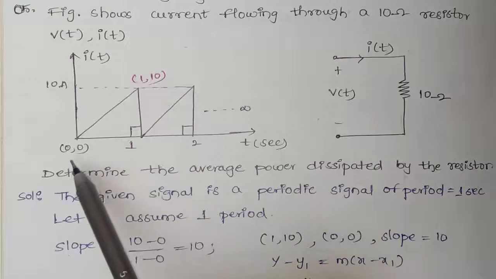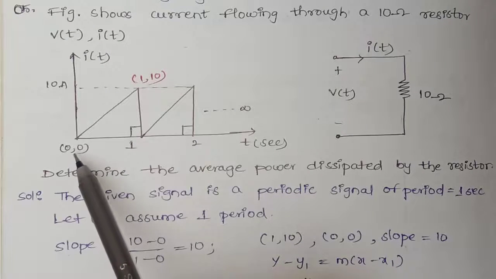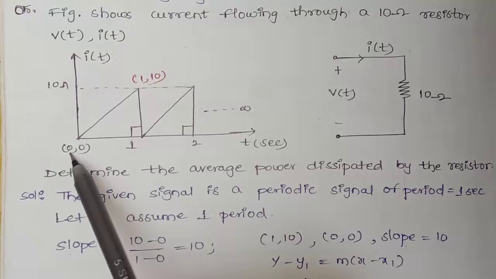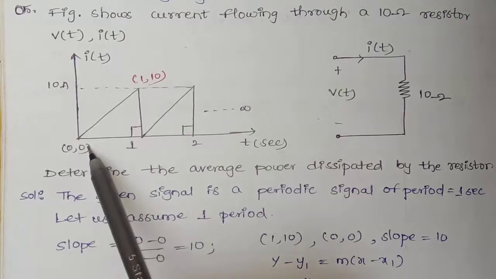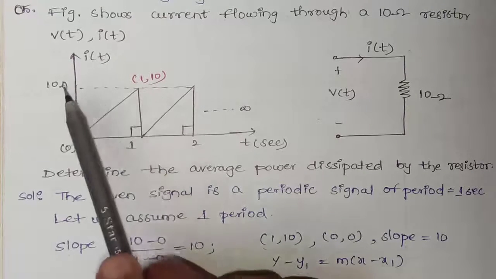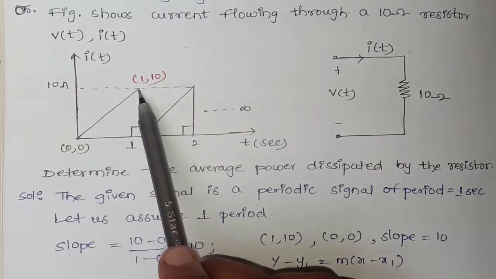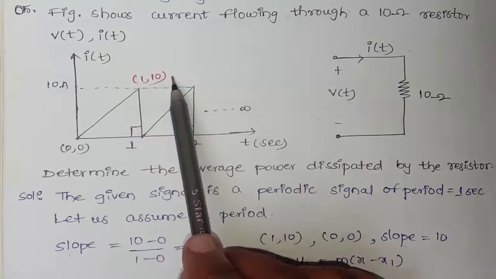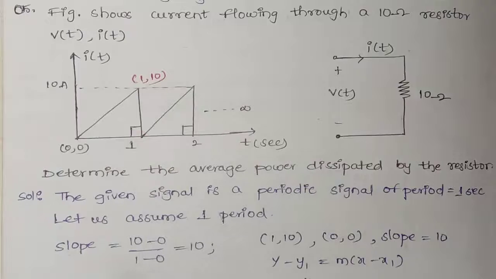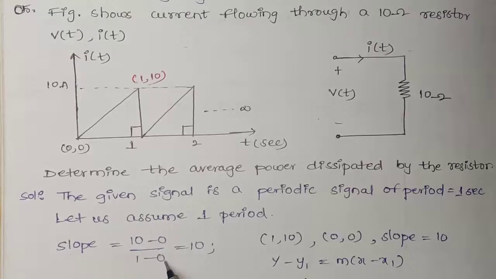The 2 points are the origin 0 comma 0, and, by using the x-axis and y-axis, the other point 1 comma 10. The slope is y2 minus y1 divided by x2 minus x1. We'll get 10 minus 0 divided by 1 minus 0, so the slope is 10.